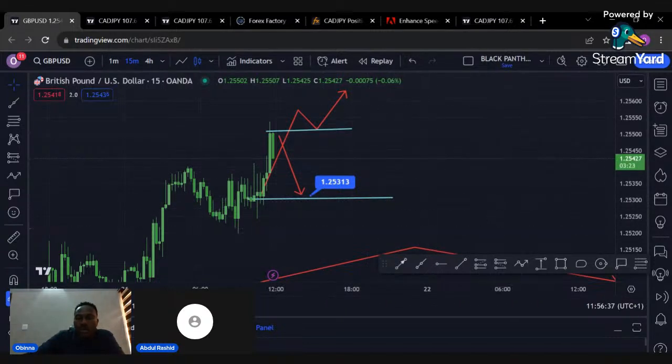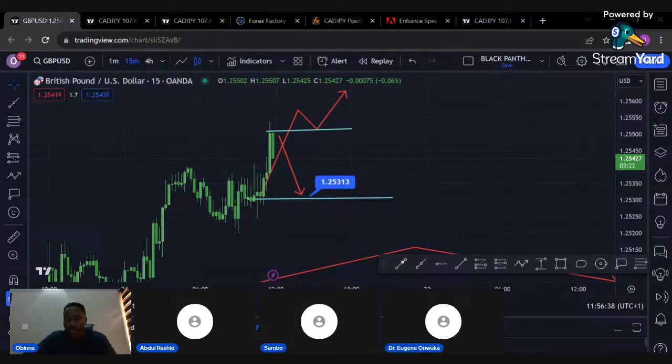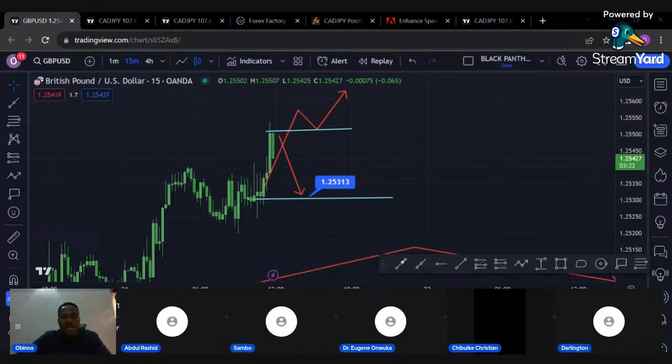Okay, any other person? I think someone mentioned a pair, but I didn't get the person's pair. Which other pair do you want me to look out for? Someone mentioned a pair, but I didn't get the name of the pair.